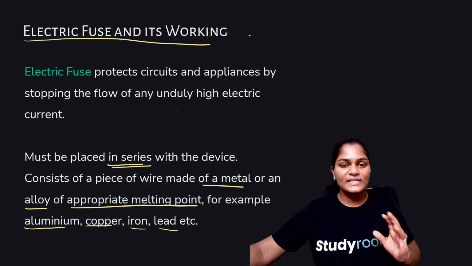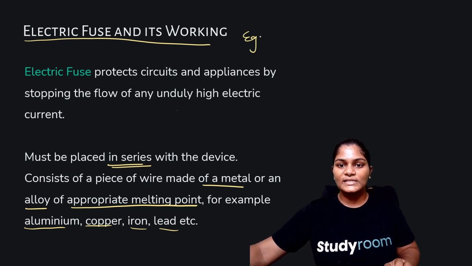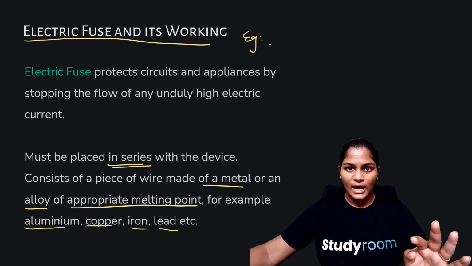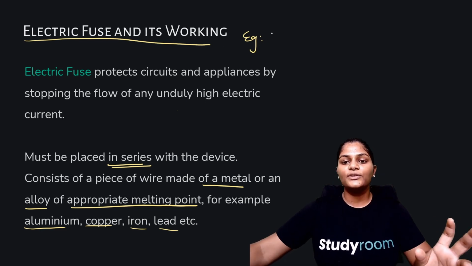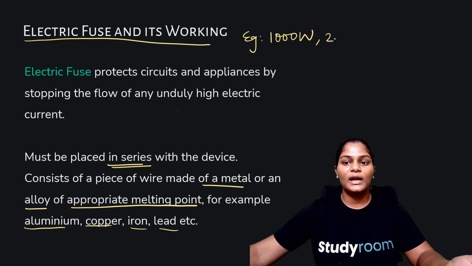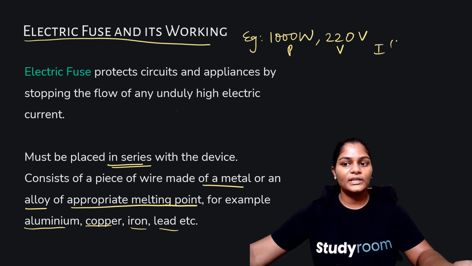If I have to give you an example, say I have an electric iron, which uses 1000 watts of power when it is operated at 220 volts. So we have power and we have voltage. Can I find the current here?